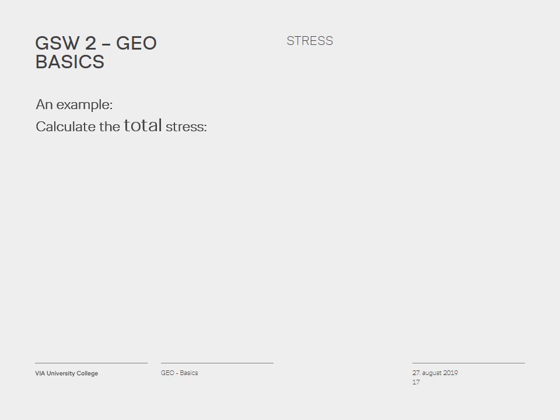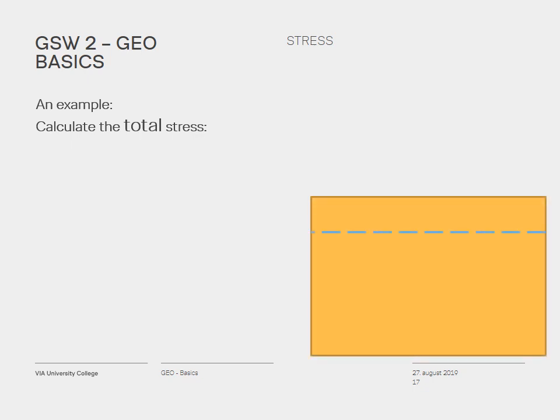In one example, we are to calculate the total stress. You have some soil with some groundwater in it. Let's say that the soil is sand with a dry weight of 18 kilonewton per cubic meter. Gamma D is the dry weight.